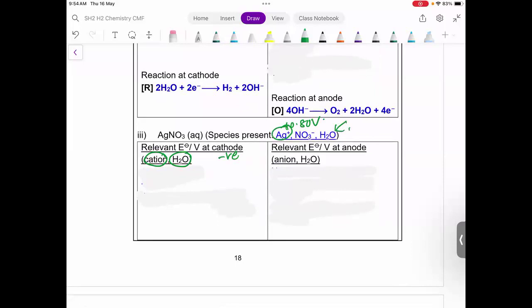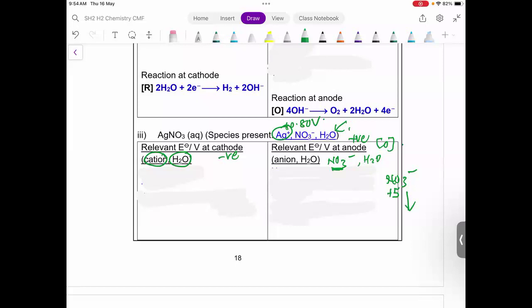For the other one, the anion, nitrate, and your water. Remember, this is where oxidation takes place, positive polarity attracting the anion. So this means that nitrate must appear on the right side. Do you ever get nitrate on the right side? No, because nitrate is already +5. There's no way you can further oxidize nitrogen +5 to something else.